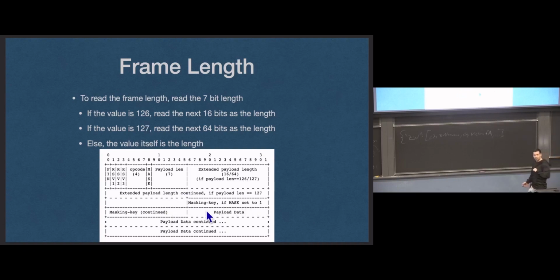And you have to do the same thing in reverse when you're creating your frames. You're going to check which range you're in, what size message you have, how big your payload is, figure out which of the 3 modes you should be in, and then create your payload length based on that. Either set this to 126 or 127 and use the next 2 or 8 bytes, or the 7-bit payload length is just your payload length.